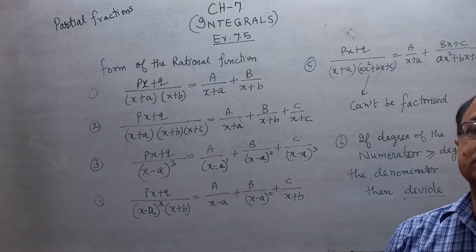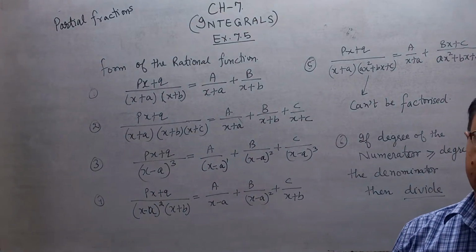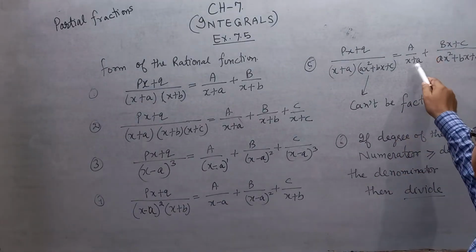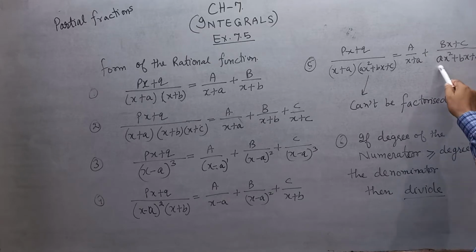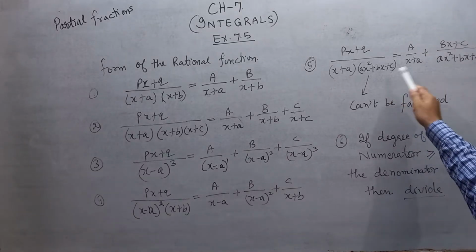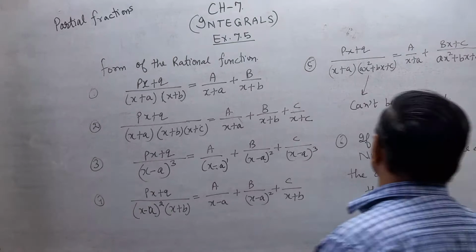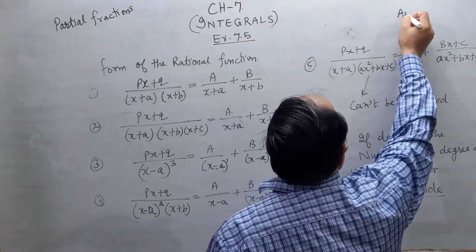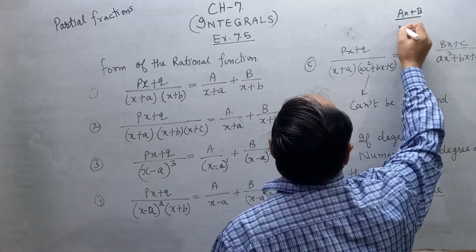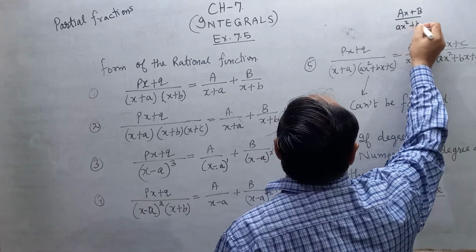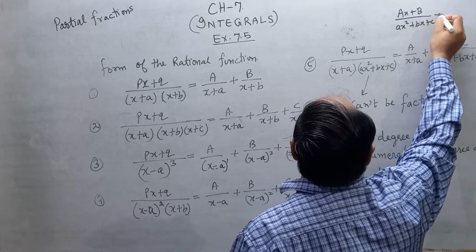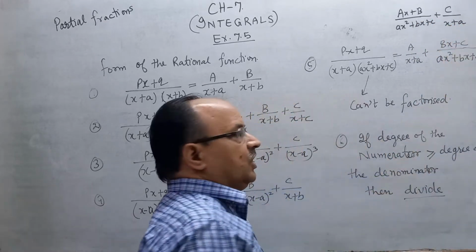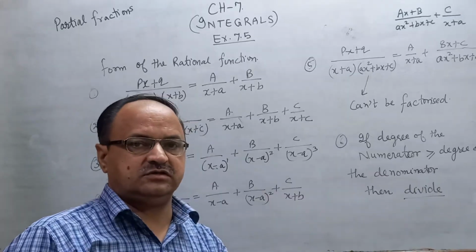Suppose you have x square plus 1, then you can write a upon the first factor plus bx plus c upon this. Or you can write in another way, it is not necessary, you can write ax plus b upon ax square plus bx plus c upon x plus a. You can write in any order. Clear?